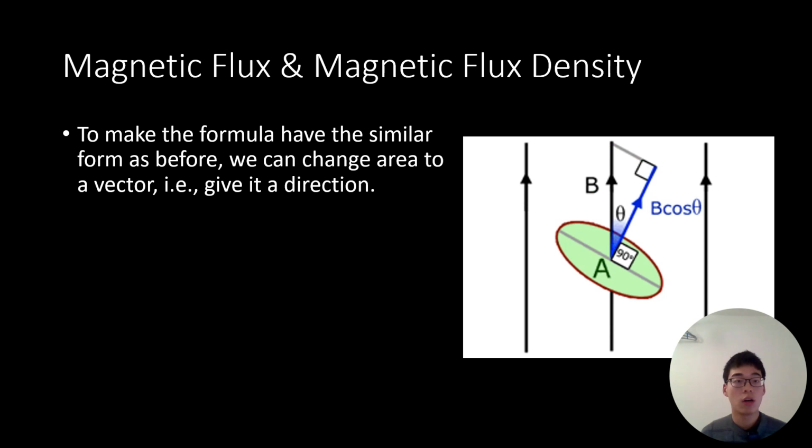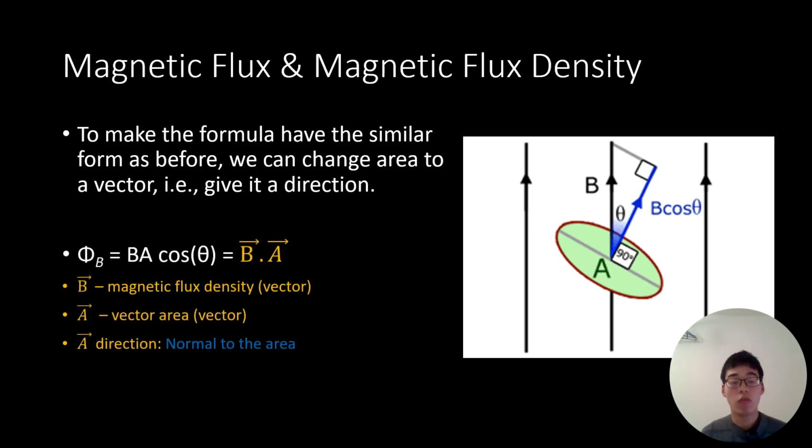Or we can also write it down as a vector dot product, B dot A. But in this case, normally area is a scalar because we say it only has magnitude, no direction. We only say how large the area is, but we never say the area is pointing somewhere. However, we can arbitrarily give the area a direction to change the area to a vector.